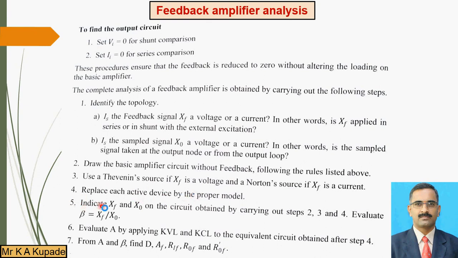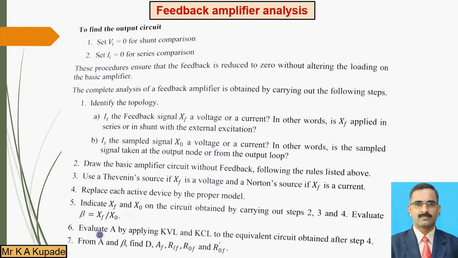Now, indicate Xf and X naught on the circuit obtained by carrying out steps 2, 3 and 4. By considering these steps, indicate those parameters and evaluate the beta value as Xf upon X naught.